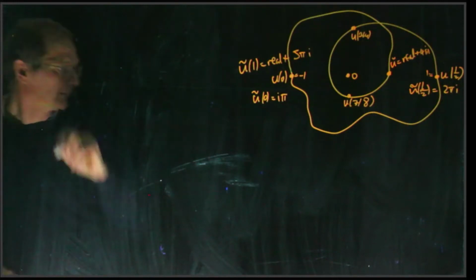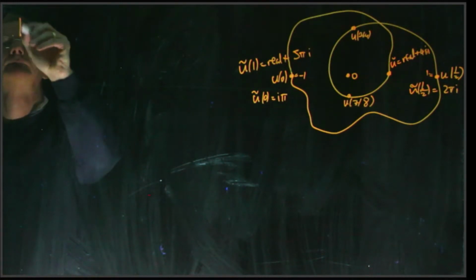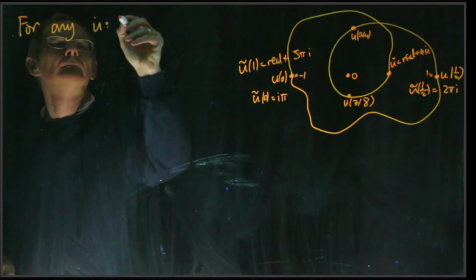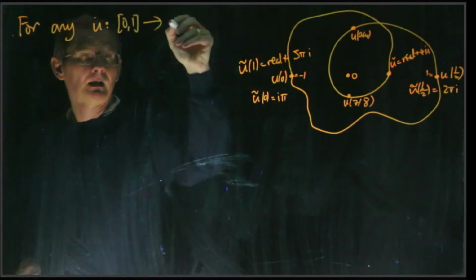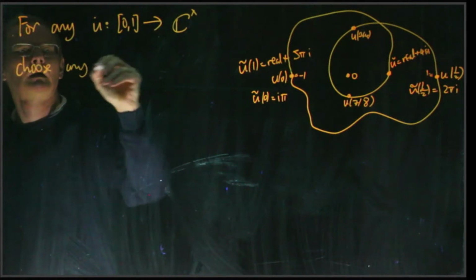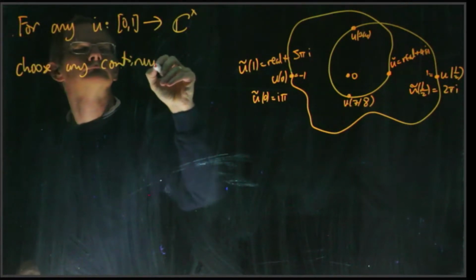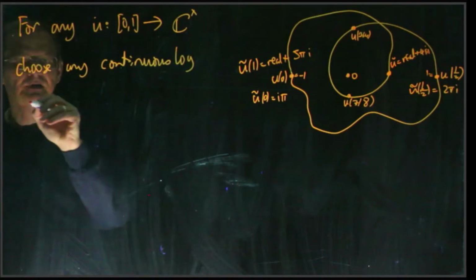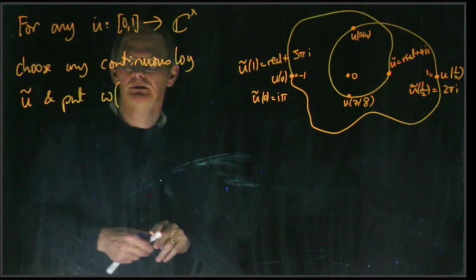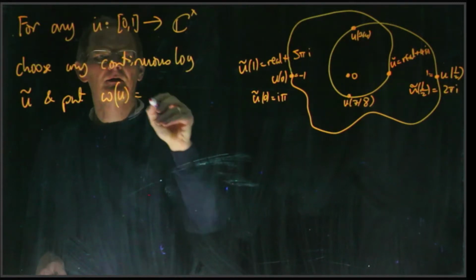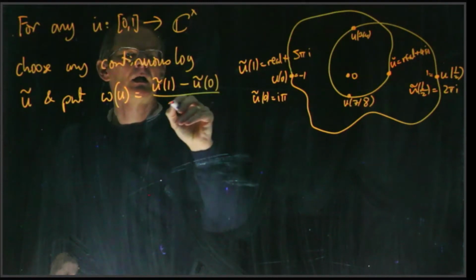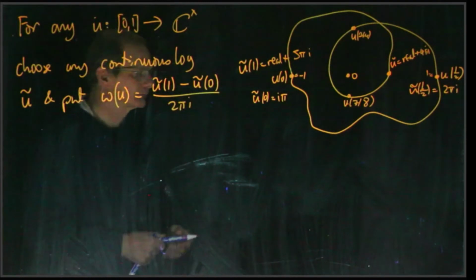So we can make a definition based on this. I choose any continuous log u tilde, and then I'm going to put omega of u to be u tilde of 1 minus u tilde of 0 over 2 pi i.